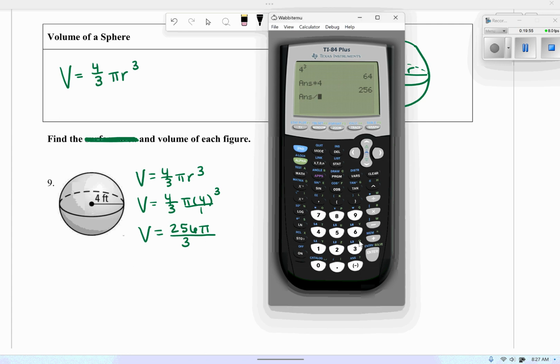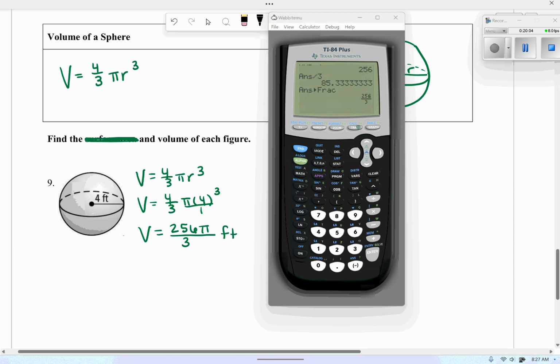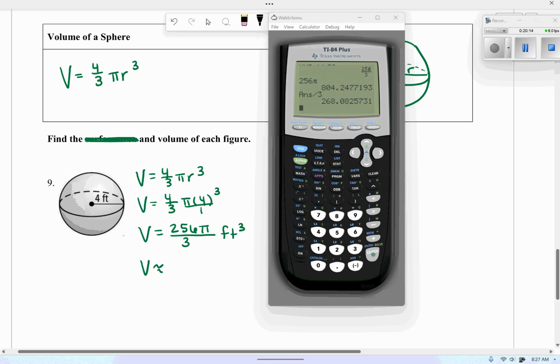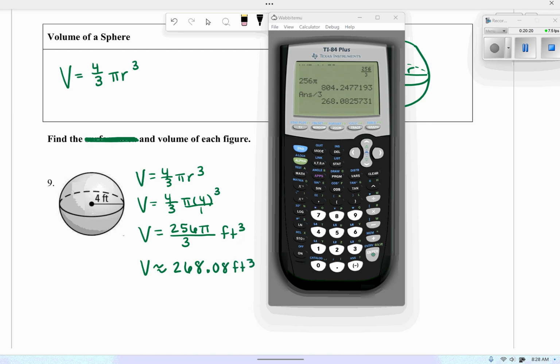So if we divide 256 by 3, we get this decimal, and if we try to see if we can simplify it by hitting the math fraction key, it doesn't simplify. So this would be cubic feet. And if we want the decimal approximation, so 256 pi, and then divide that by 3. So we get the volume is about 268.08 cubic feet.